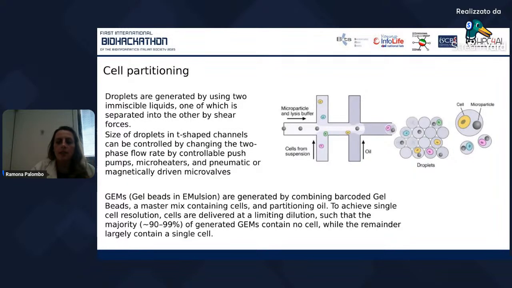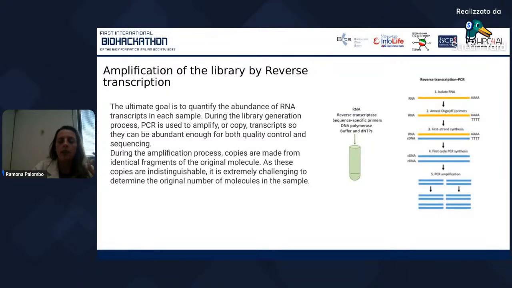And so when the cell is inside the droplet, the cell is lysed and then the RNA is released. The RNA that is released then has to be amplified through the generation of the library.